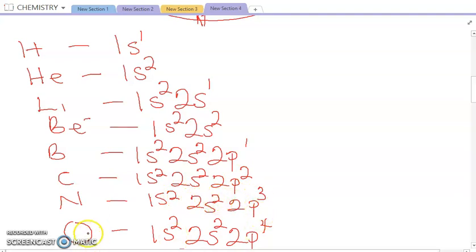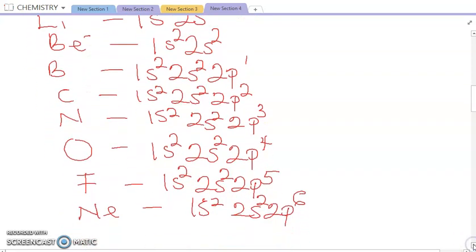For oxygen, you have 1s2, 2s2, 2p4. For fluorine, you have 1s2, 2s2, 2p5. And for neon, you have 1s2, 2s2, 2p6.